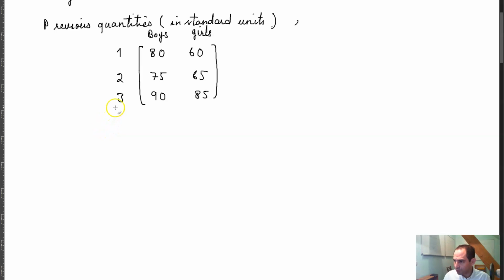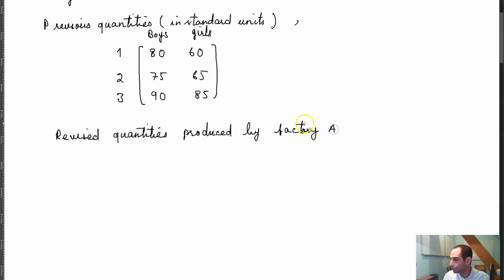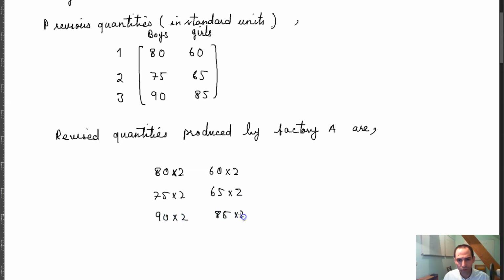Now the revised quantities produced by factory A are going to be, for example, 80 times 2, because you have doubled the production in that factory, or 60 times 2, or 75 times 2, or 65 times 2, 90 times 2, and 85 times 2.